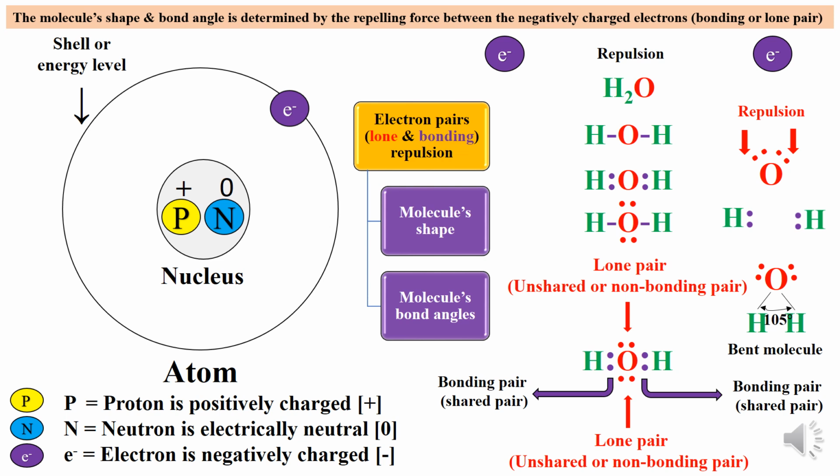And as a result, the water molecule is forced to take the bend shape with a bond angle of 105 degrees. So now you know how the repelling force between the negatively charged electrons, which could be a bonding or lone pair, determines the molecule shape and bond angle.